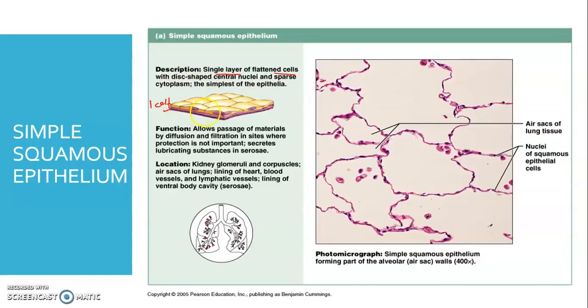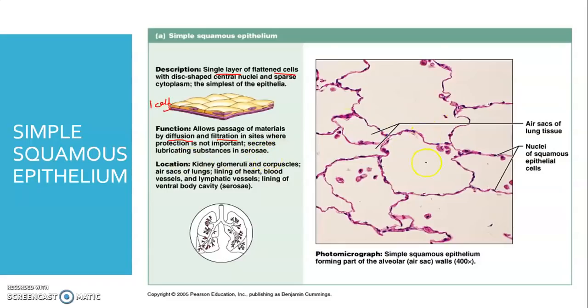The shape of the nuclei is also quite flattened. And then look at the function here: to allow the passage of materials for diffusion, and also for filtration, and also for secretion, to secrete the lubricating substance in the serosa.